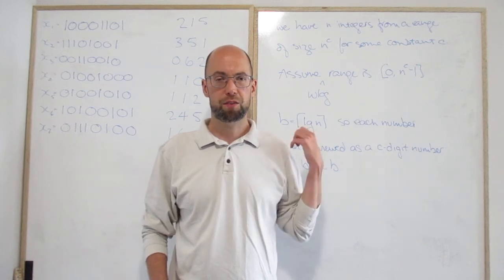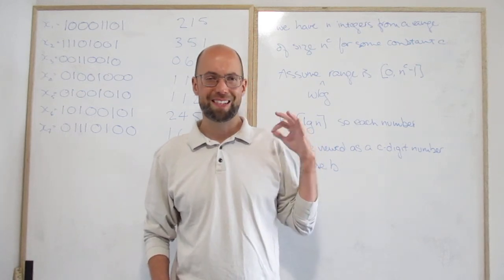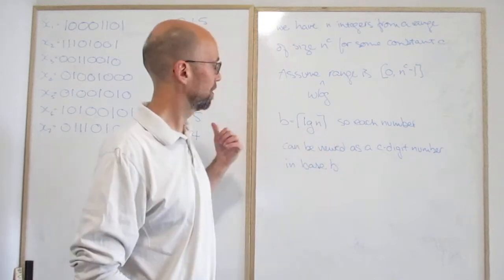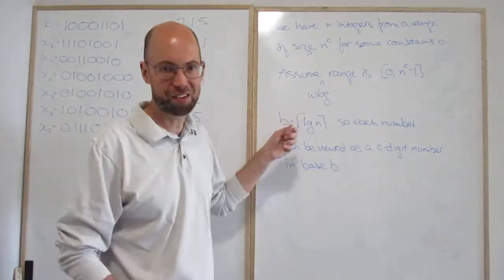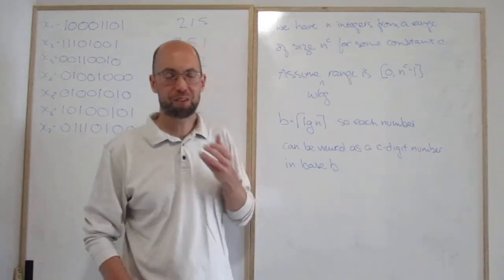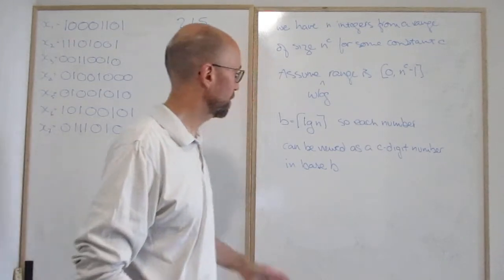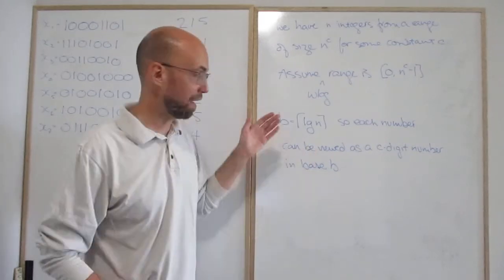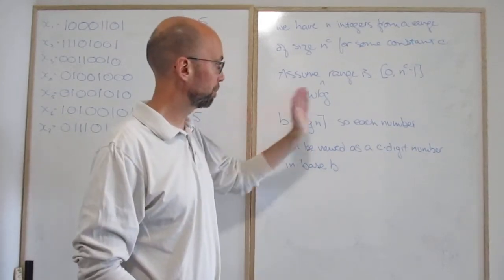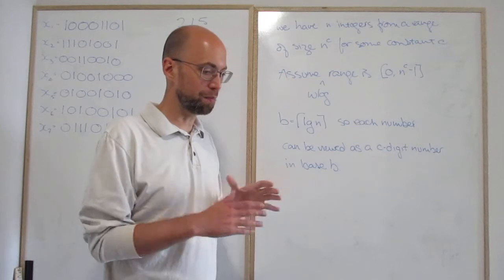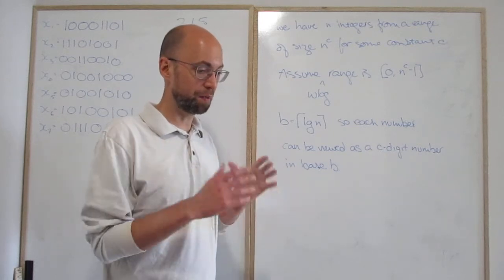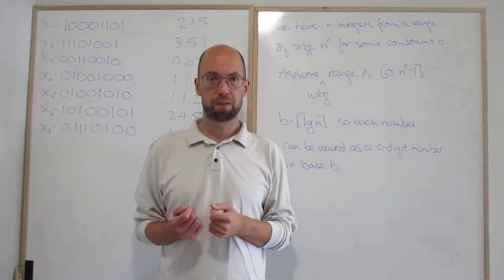That doesn't work when I'm taking integer b, because 10 isn't an integer power of 2. But okay. So now I have these n numbers, each is a c-digit number in base b. Now I radix sort, okay?